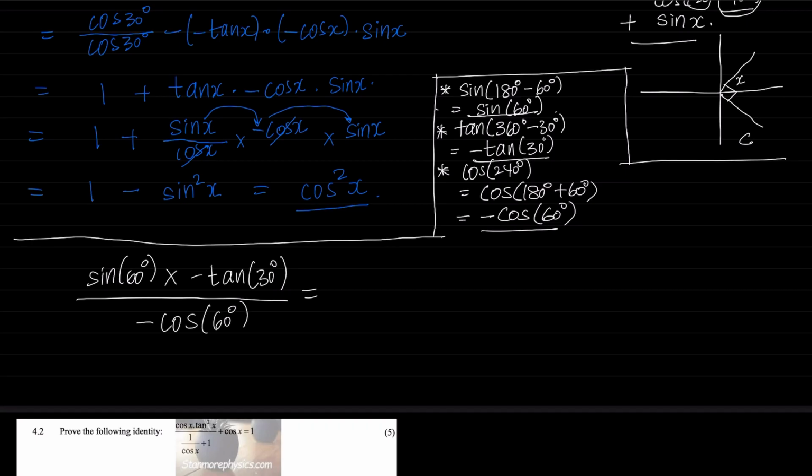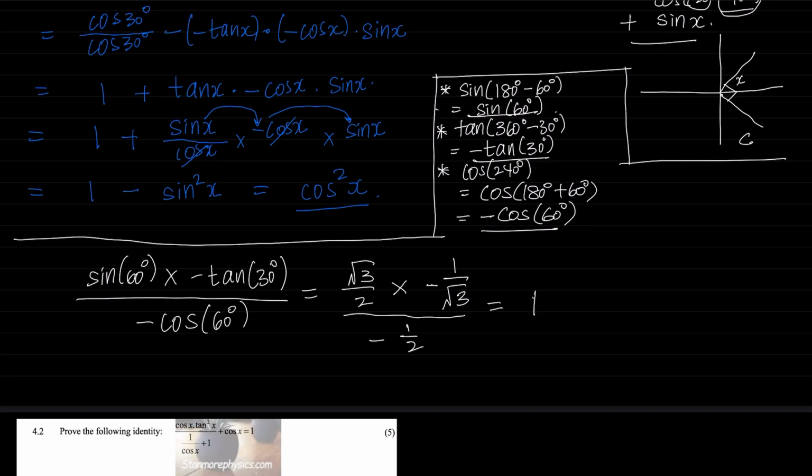We can then simplify that as sine of 60 is square root 3 over 2 multiplied by minus 1 over square root 3 divided by minus a half. Cos of 60 is a half, so that negative and that negative will cancel, and we'll be left with an answer of 1.